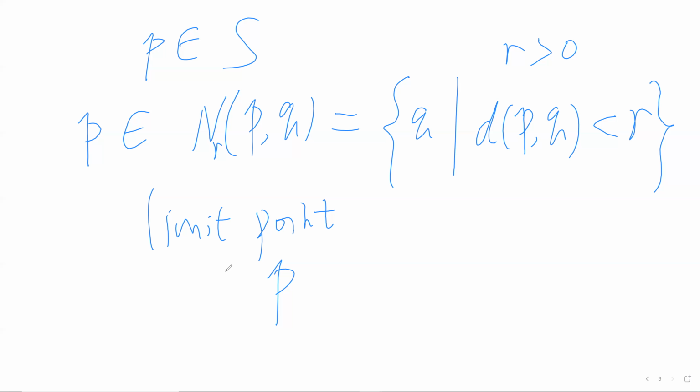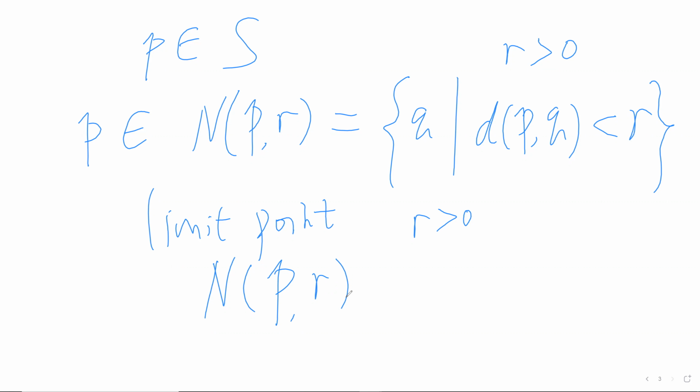That is, for any limit point and for any positive radius, the neighborhood of P should contain at least one element that is not P itself.